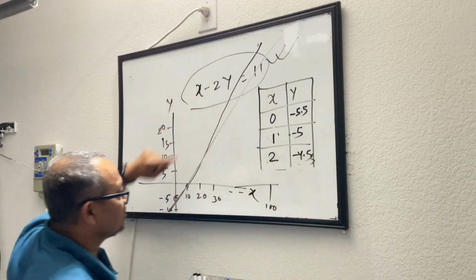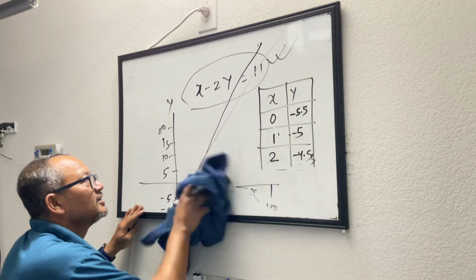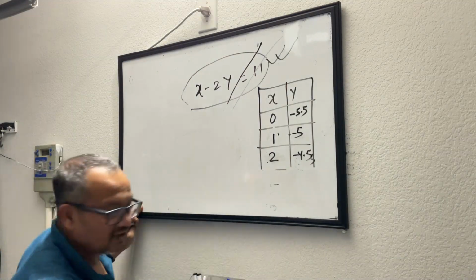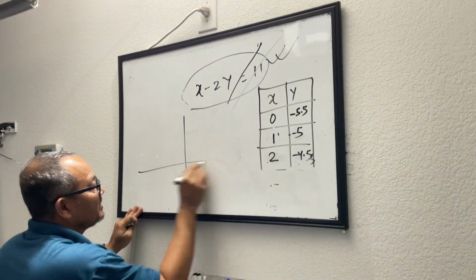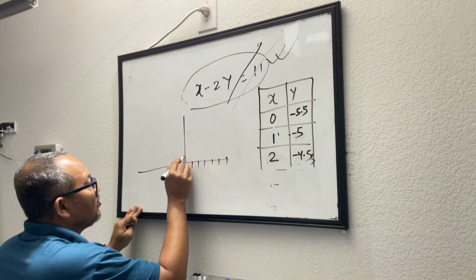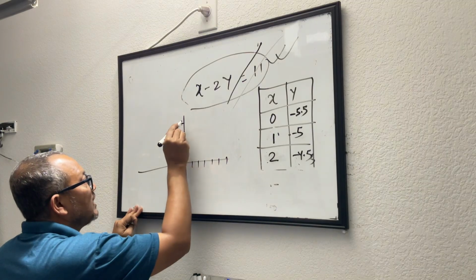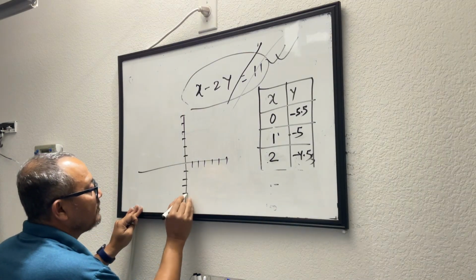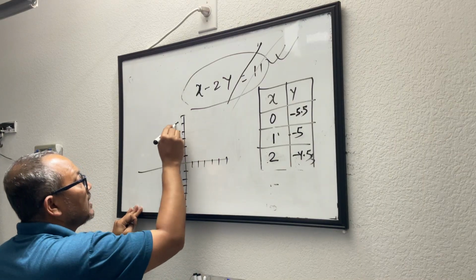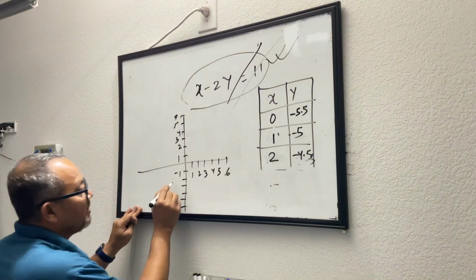Okay? So now let's look at it. Let me change this graph for you guys. So let me do it this way. 1, 2, 3, 4, 5, 6. Minus 1, minus 2.